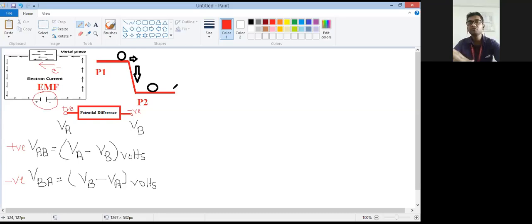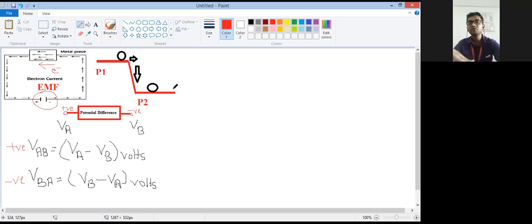See the formula I have written. VAB is equal to VA minus VB, in volts, the unit is volt. And VBA is VB minus VA. If you know that A is at higher potential and B is at lower potential, then VAB will be a positive potential difference.